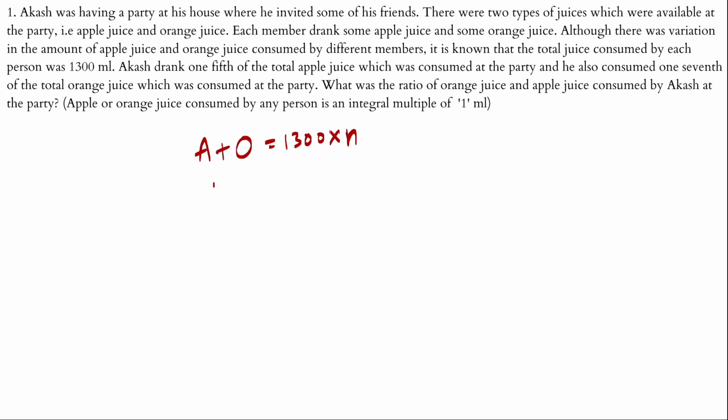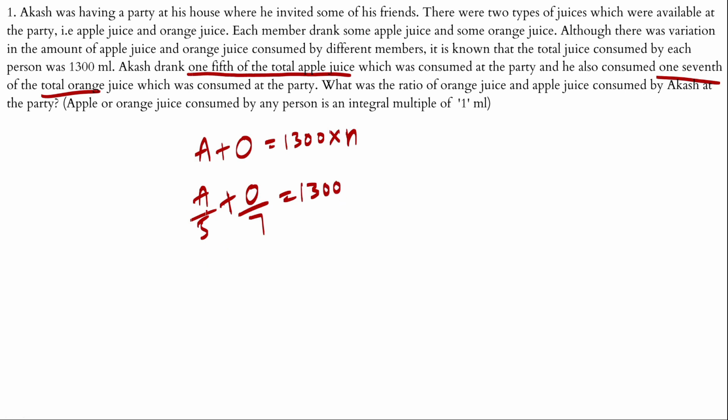Akash consumed 1/5 of the total apple juice and 1/7 of the total orange juice. One-fifth of A is A by 5, and 1/7 of O is O by 7. This will be equal to 1300 ml, since he drank 1300 ml of orange and apple juice.